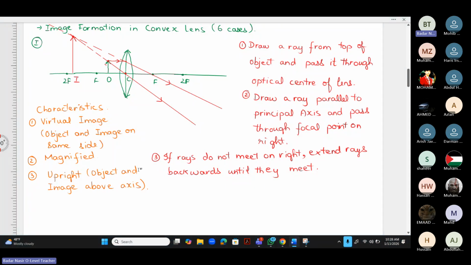And if you, let's say, want to find out the magnification, the magnification is going to be the image height over the object height, or the distance of the image from the optical center divided by the distance of the object from the optical center. So HI, let me denote HI, it's the image height, and HO as the object height. So how do we find out the linear magnification?